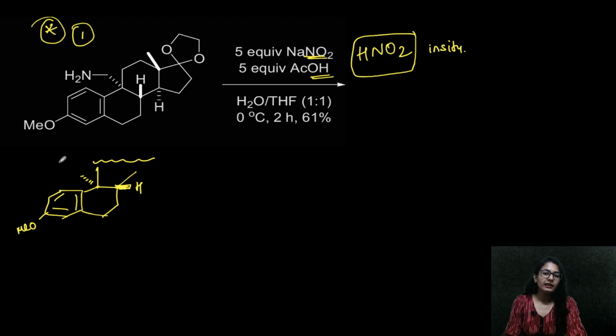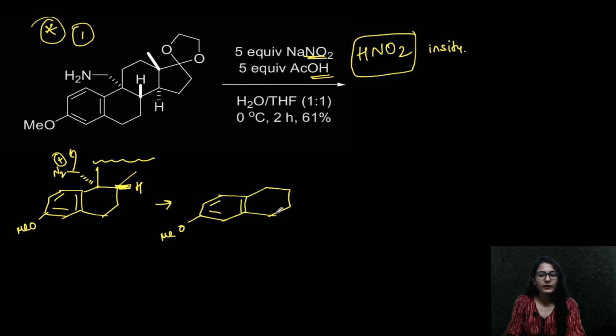Okay, right. So directly you can make the diazonium from here, with NO2 plus, and you know that it is going to leave. So let's not waste time and make it leave. And yes, this is what you are going to get: a carbocation on the carbon which is below the plane, and there is our hydrogen.